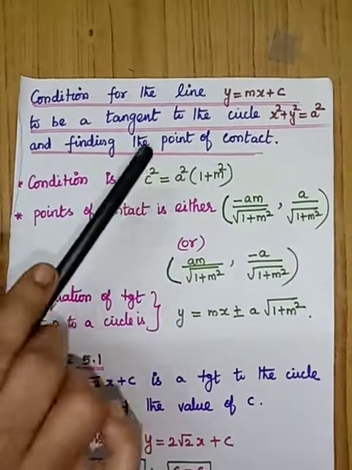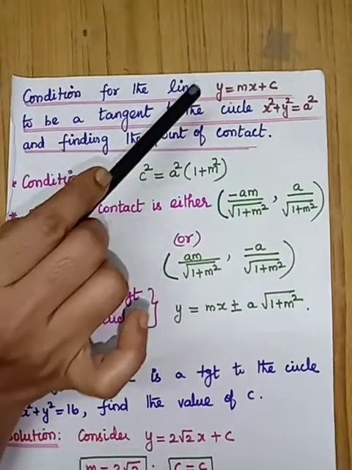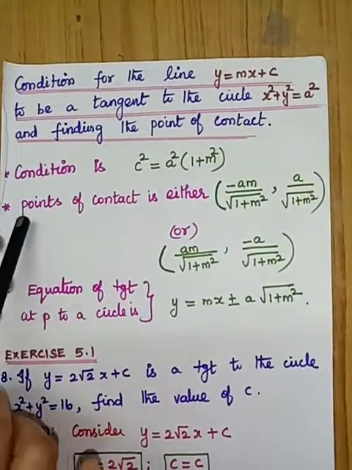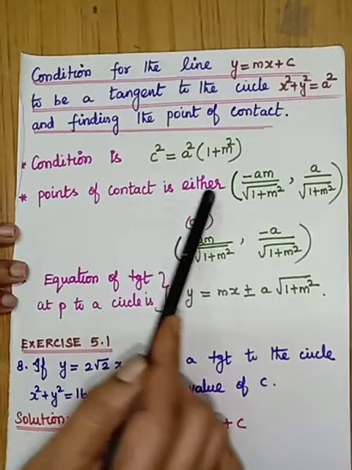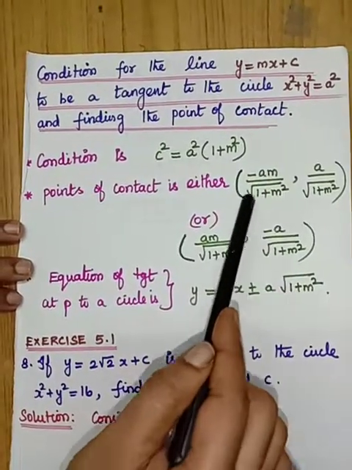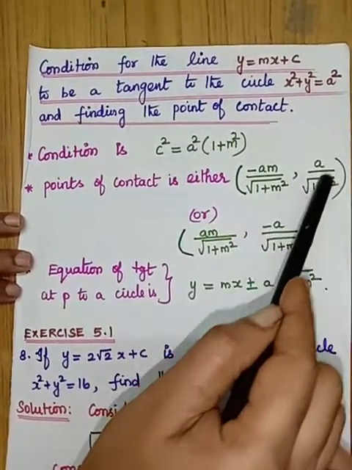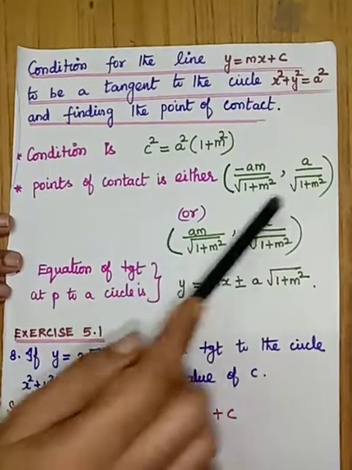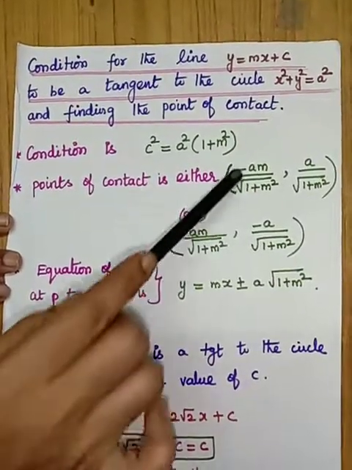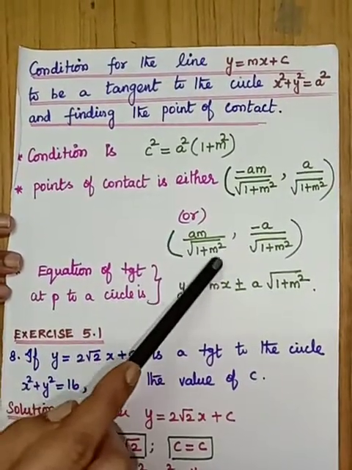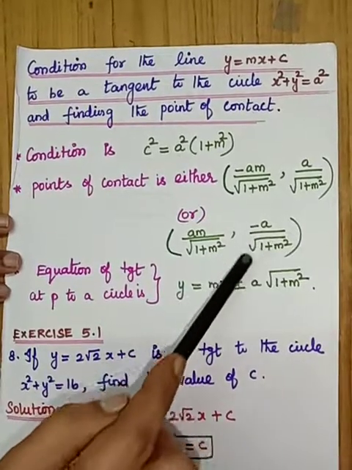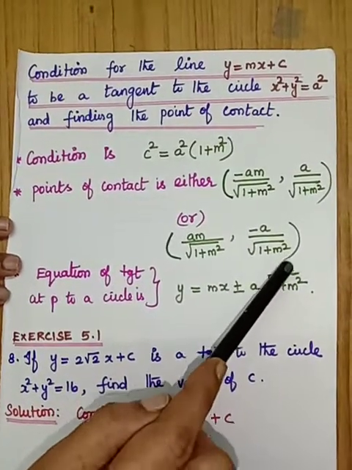Okay, if it is a tangent, at what point will it touch the circle? The points of contact are either minus am by square root of 1 plus m squared comma a by square root of 1 plus m squared, or positive am divided by square root of 1 plus m squared comma minus a divided by square root of 1 plus m squared.